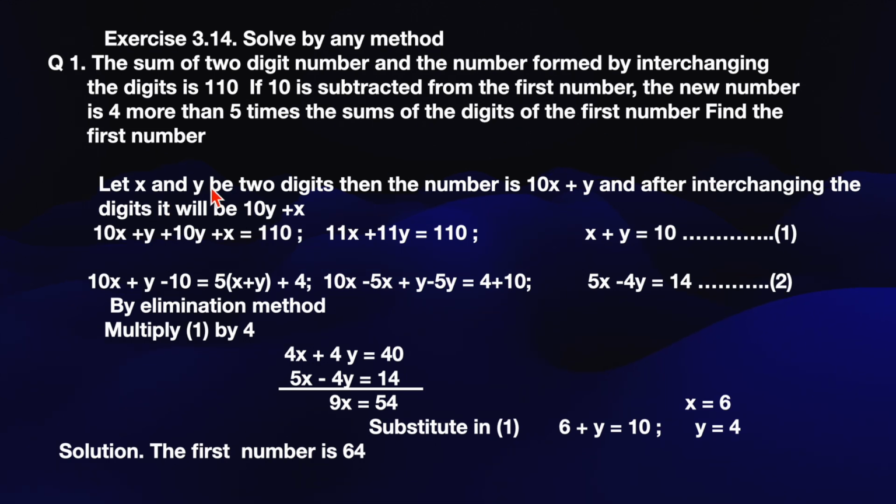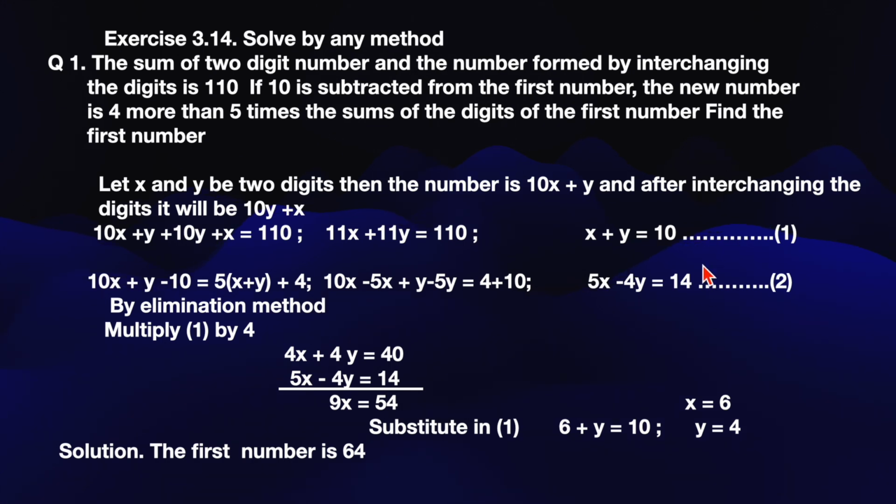What are the digits? x and y. Sum is x plus y. So this is 5 times x plus y, and this RHS is 4 more than 5 times the sum of the digits. So you understand how I got this statement? So here it is, the full statement. Simplify it, open the brackets, you get the next equation.